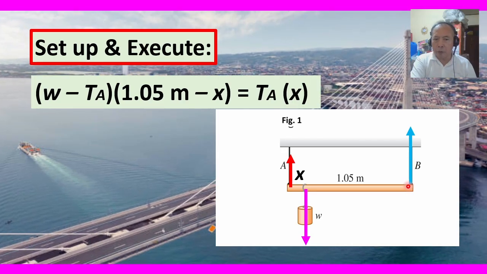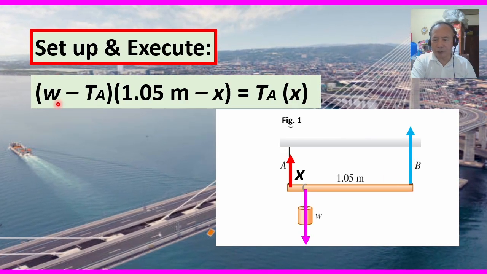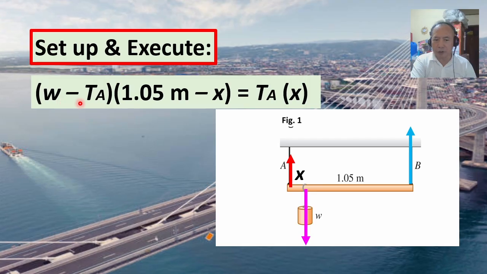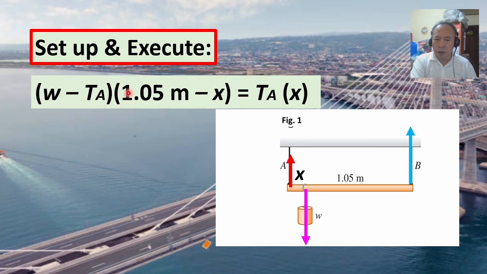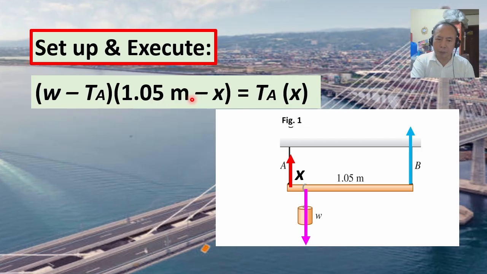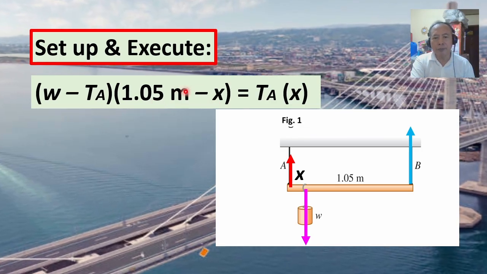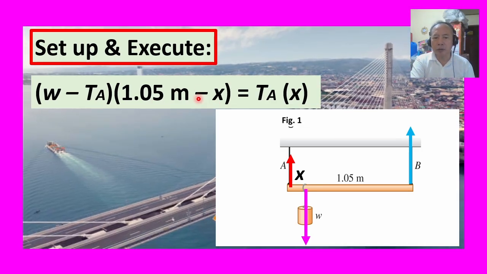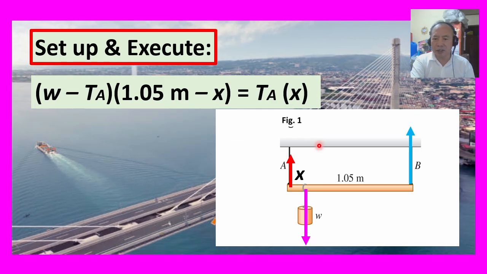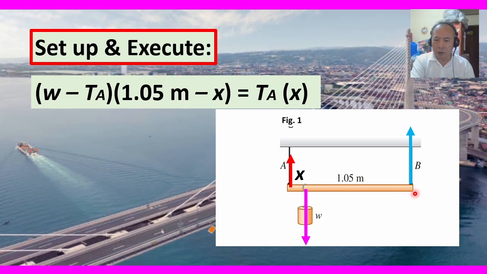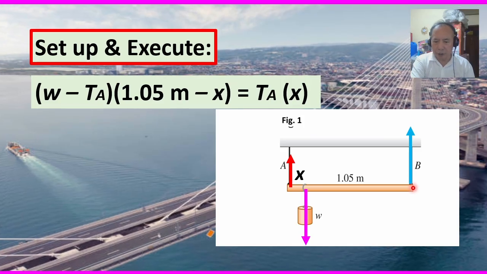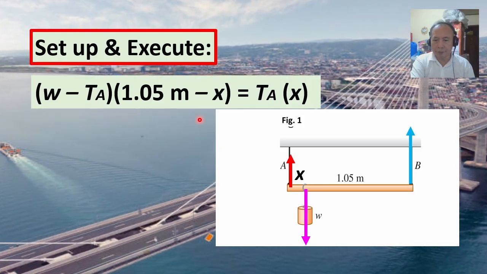So when we multiply the force T sub B, or W minus T sub A, by the lever arm, the quantity 1.05 meter minus x, we are talking about the torque that is produced by the tension force T sub B, right?